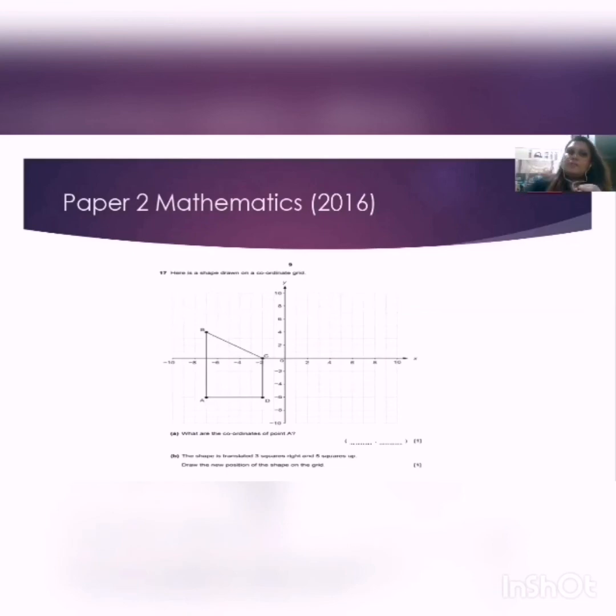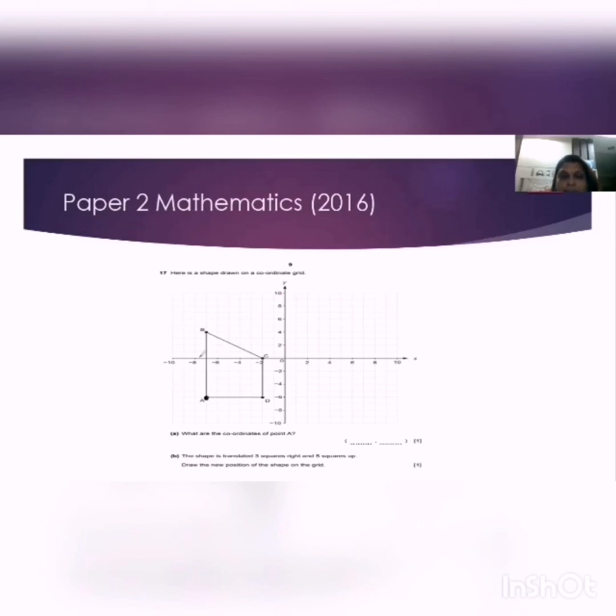Okay, here is a shape drawn on a coordinate grid. What are the coordinates of point A? If we have a look, this is point A. We have to look at axis X first.